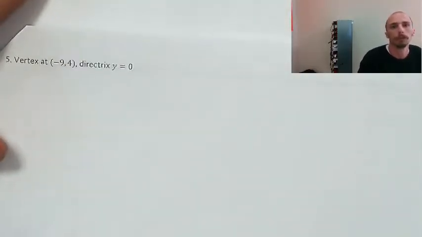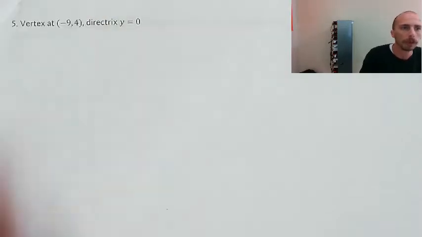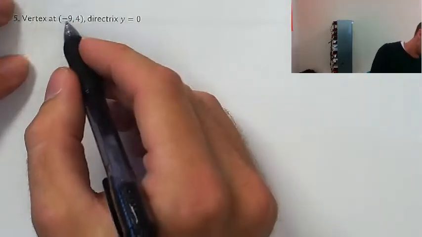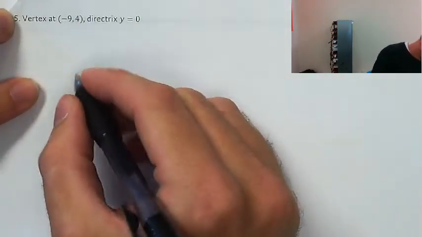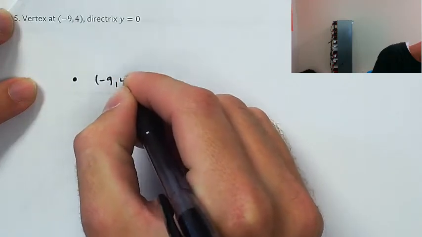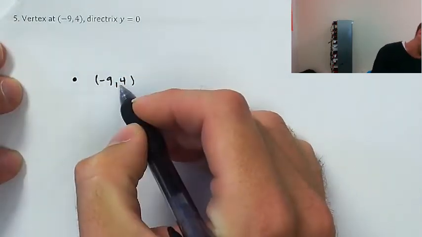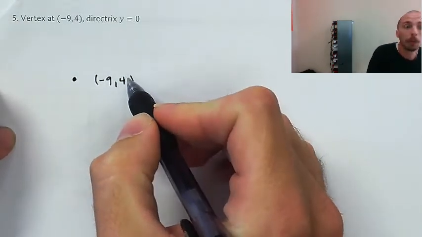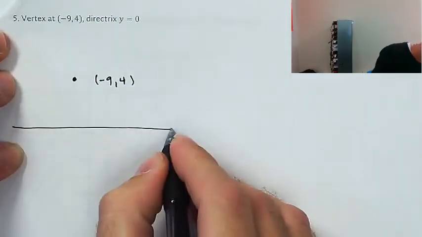All right. Now we've got vertex and directrix, but no focus. Okay, I'll show you how to find the focus from that. Okay, vertex at x equals -9 and y equals 4. And then the directrix is y equals 0. Well, y equals 0 is going to be below y equals 4.